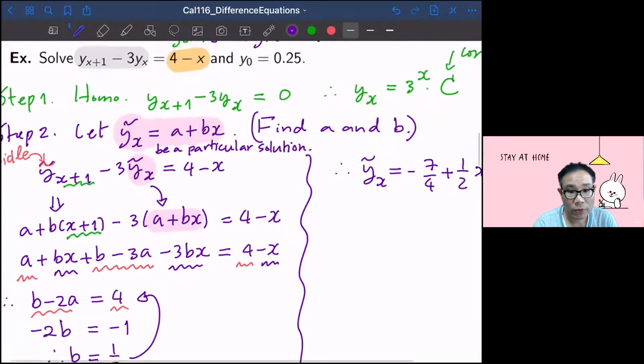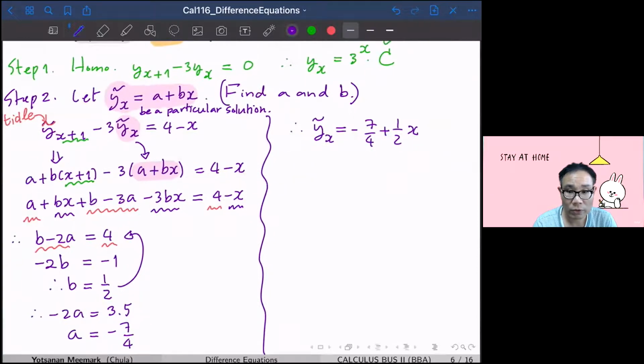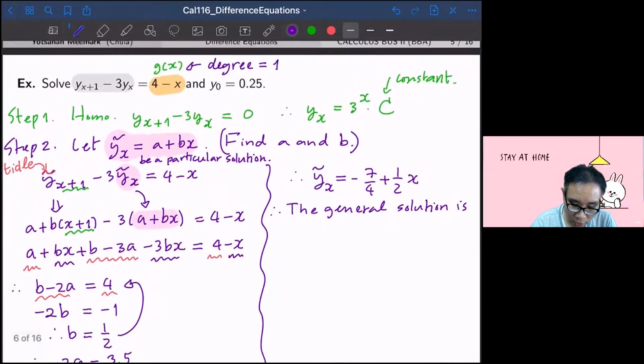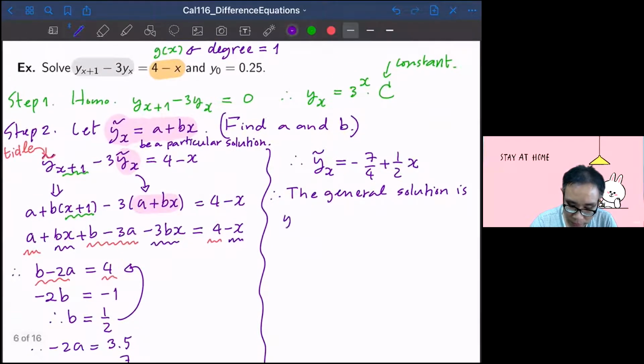Okay, so you have this guy as a particular solution. So you're going to have the general solution. So you'll be able to find the general solution. So it's going to be just y(x).